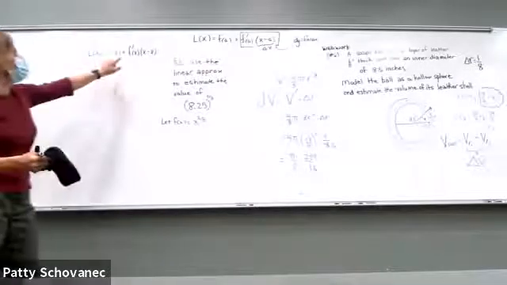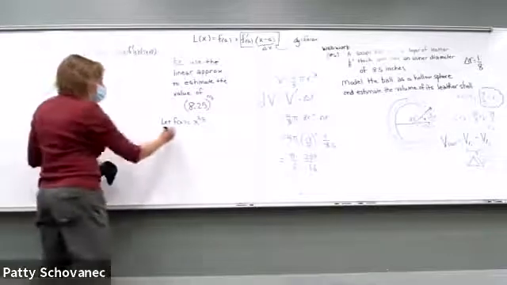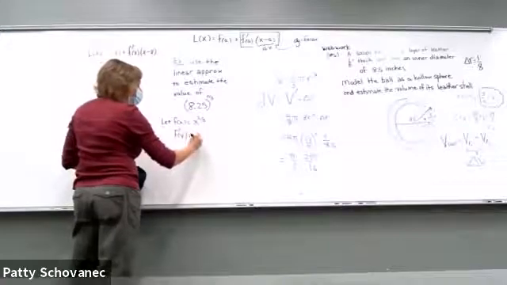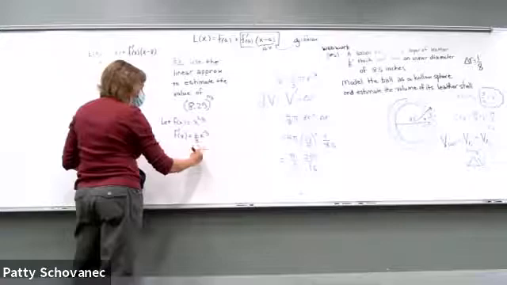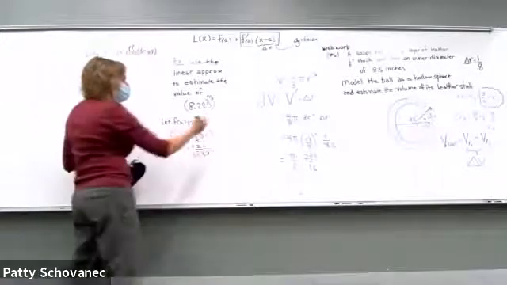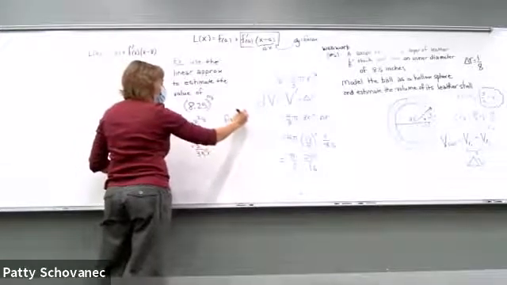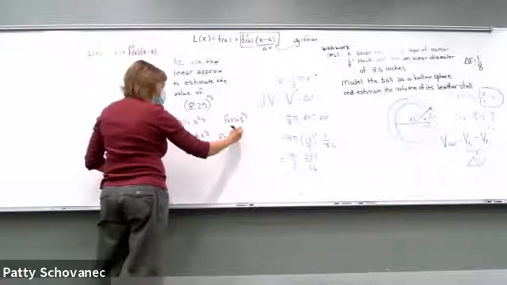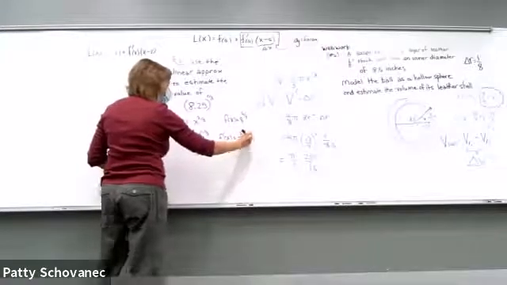So I'm going to need these two numbers. Let me go ahead and get the derivative first. F prime of x is 2/3 x to the negative 1/3, which is the same as 2/3 x to the 1/3 in the denominator. Now we're going to evaluate each of those at 8. F at 8 is 8 to the 2/3, and f prime at 8 is 2/3 times 8 to the 1/3.